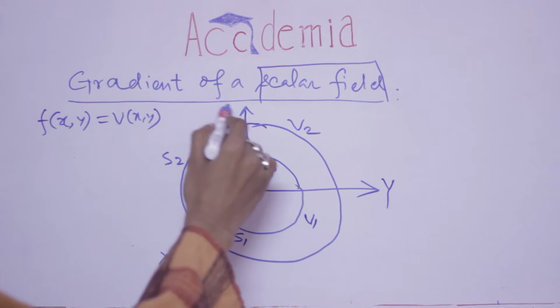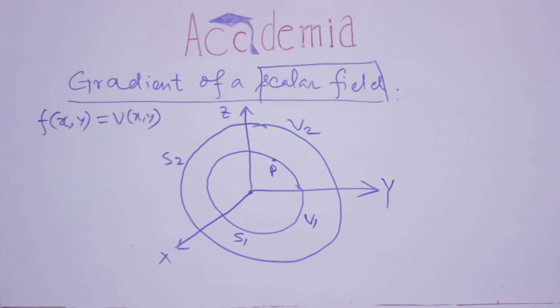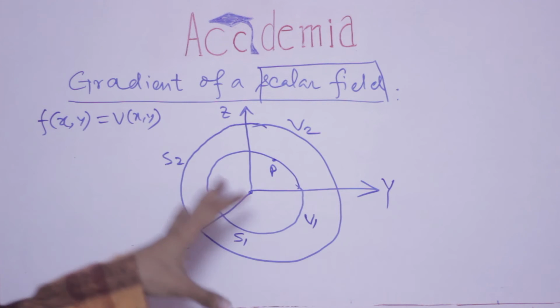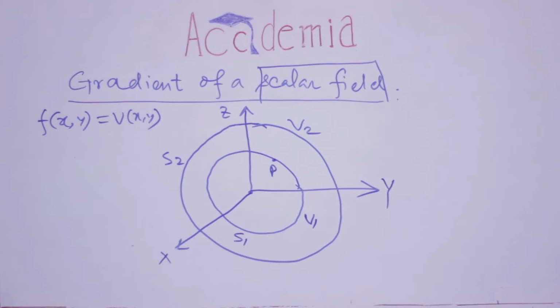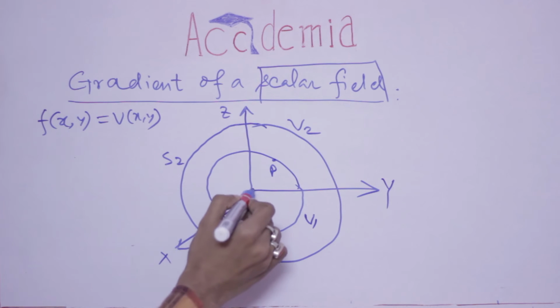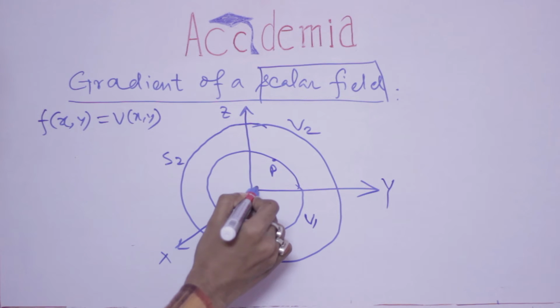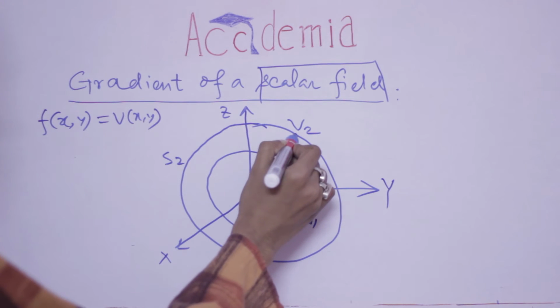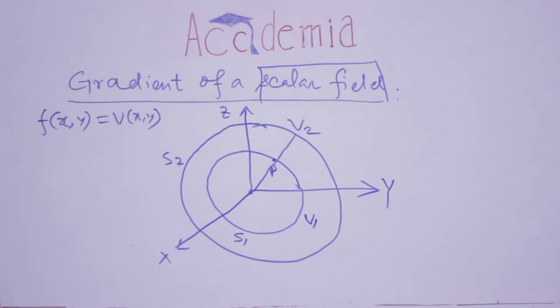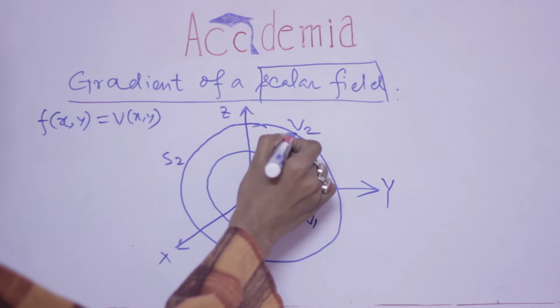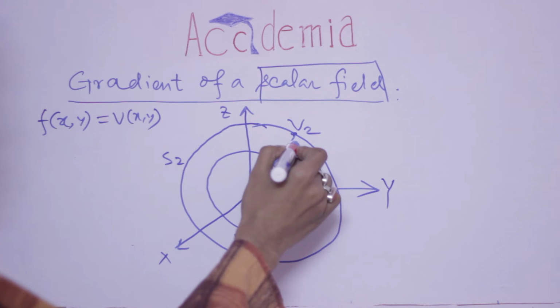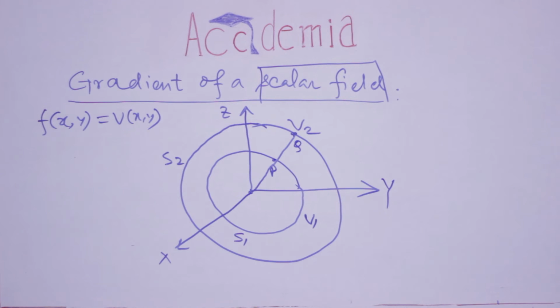So both S1 and S2 will be concentric spheres. Let us join the origin and the point P and extend the line until it cuts the outer spherical surface at a point Q.